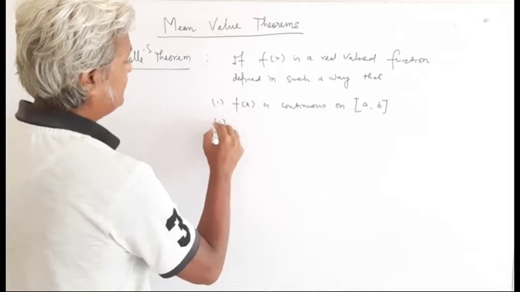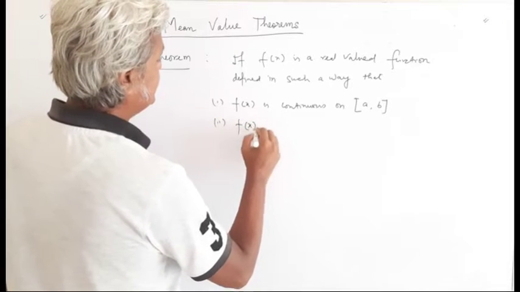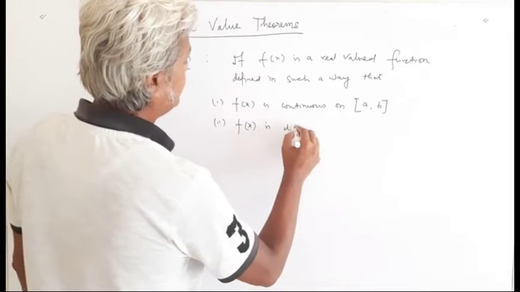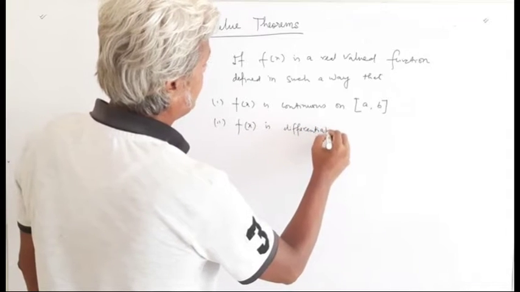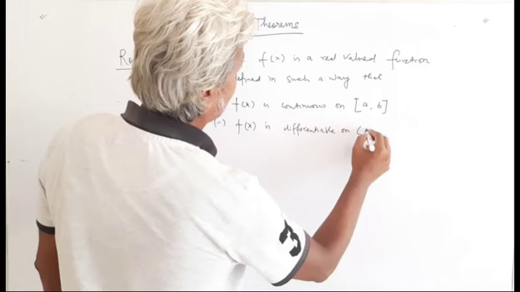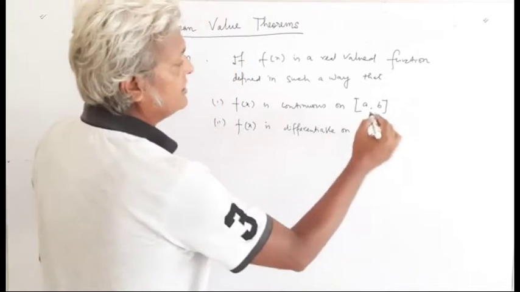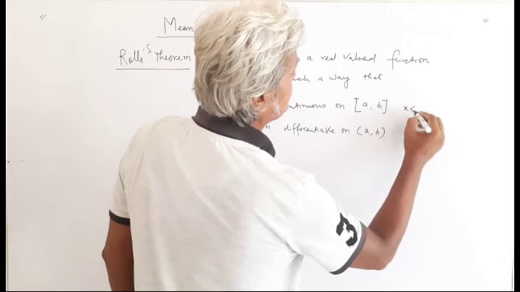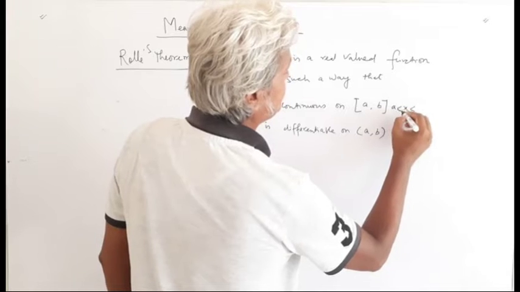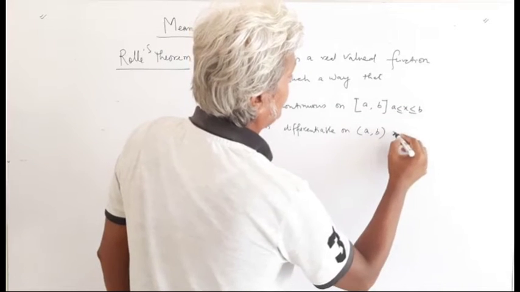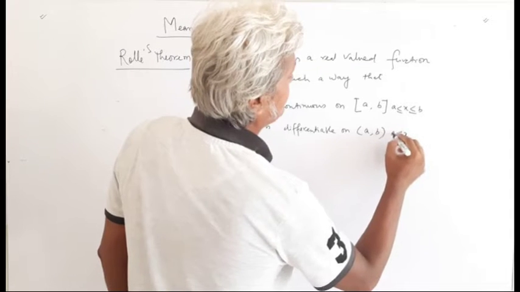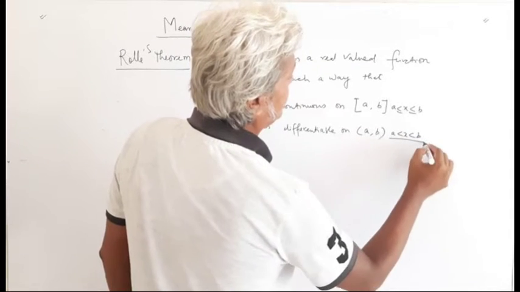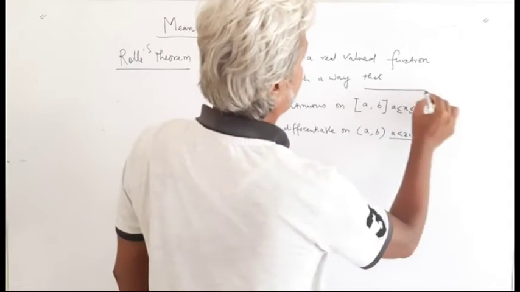Number two, f(x) is differentiable on the open interval (a, b). Closed interval means the endpoints are included, and open interval means the endpoints a and b are not included.